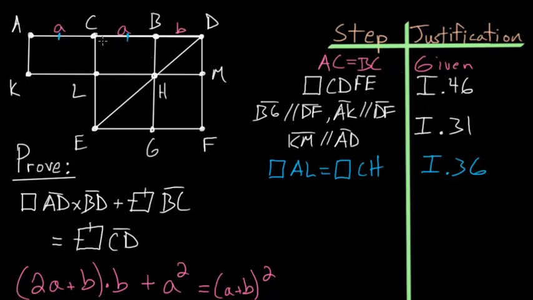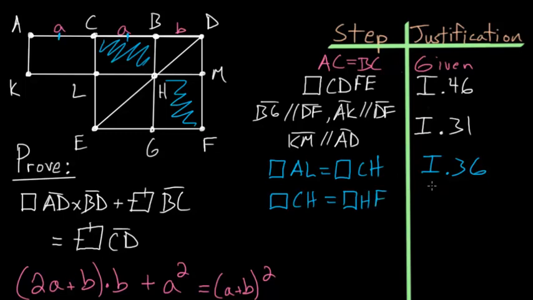And what we know is that if we focus on this parallelogram CH, and this one HF, these are both equal to each other since they're complements about the diameter in this parallelogram. So we can write that CH is equal to the parallelogram HF, and this comes from Book 1, proposition number 43.